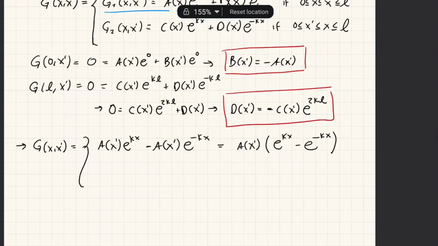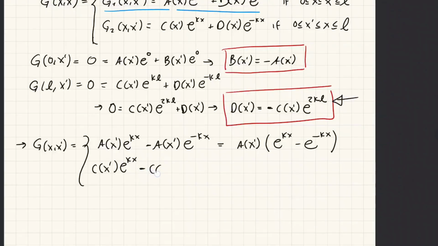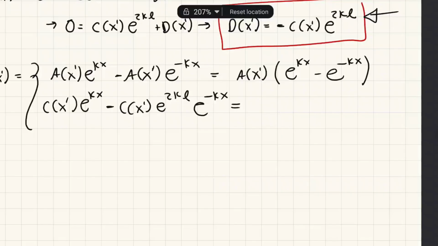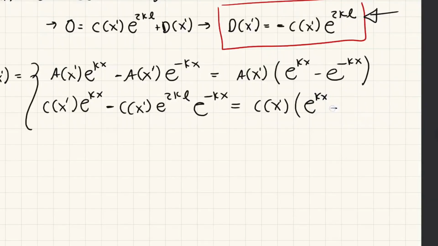And then on the other side we will have c of x prime e to the kx plus d, but d is this thing over here. So it will be minus c of x prime e to the 2kL times e to the negative kx. And this is equal, factoring c of x prime, to this multiplies e to the kx minus e to the 2kL e to the negative kx.